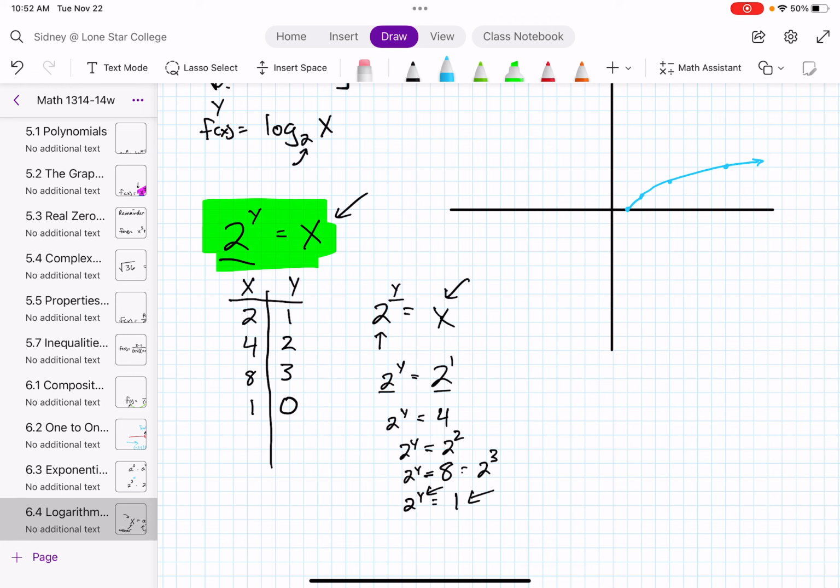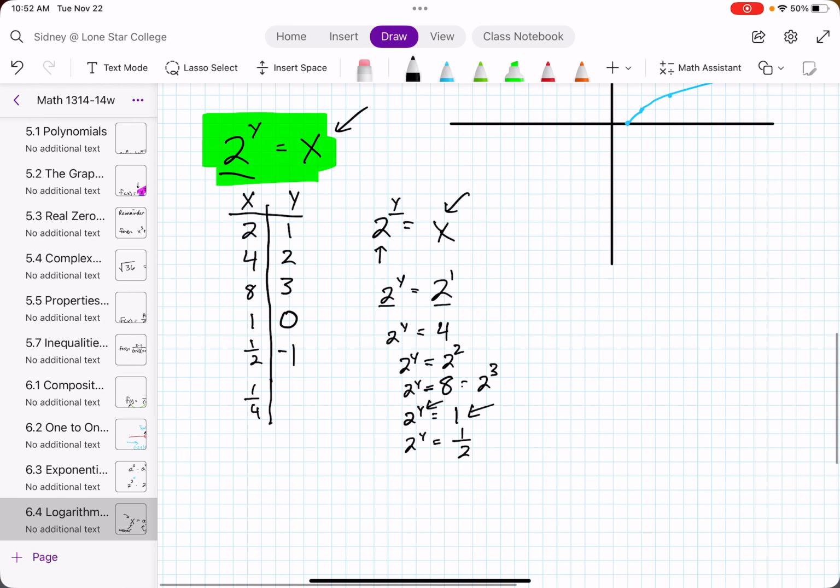What about for x values that are less than 1? Remember that we're still talking in multiples, powers of 2. If I were to say 1/2, so 2 to some power equals 1/2, hopefully it's not too big of a stretch to say that's -1, because that's a multiplicative inverse. And if I said 1/4, that would be 1 over 2 squared, so that would be -2, and 1/8 would be -3.